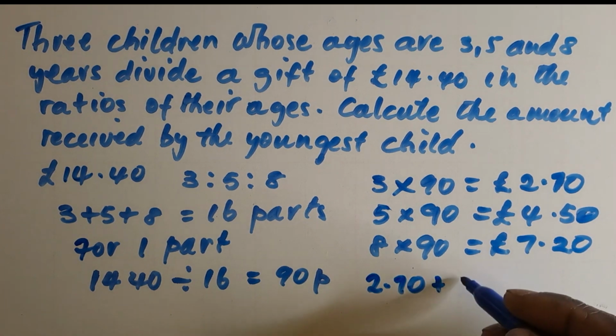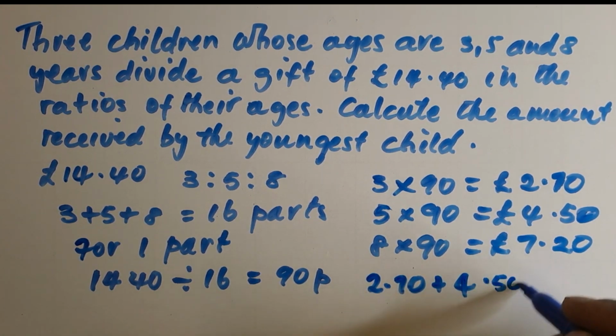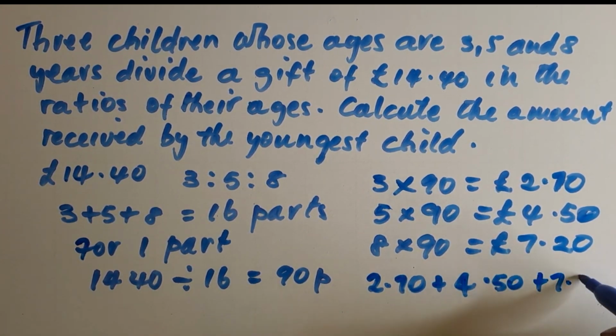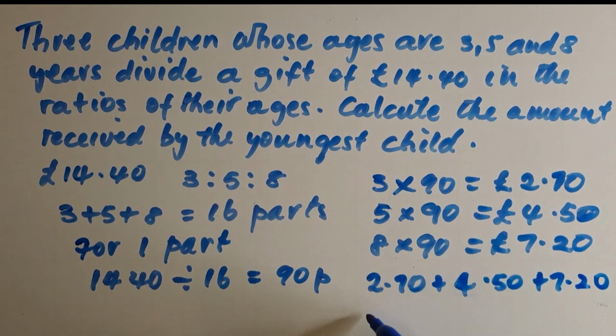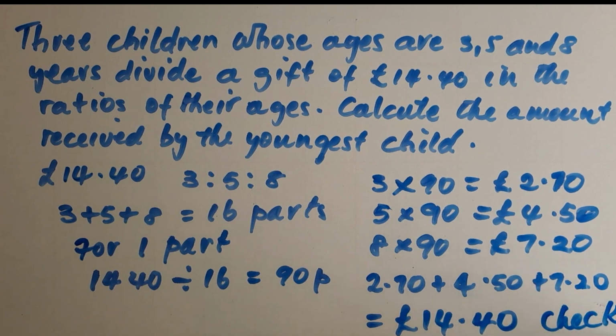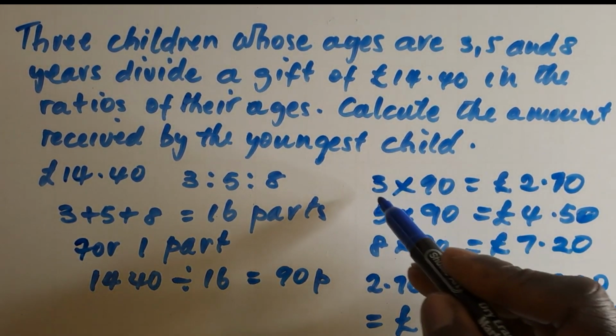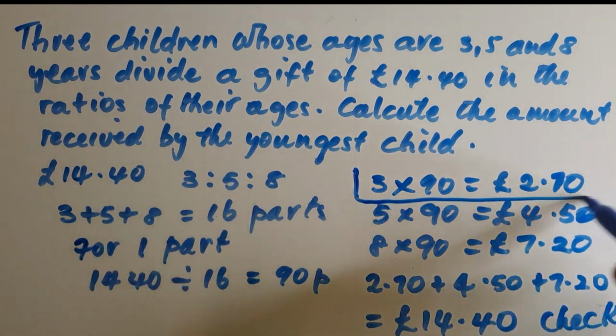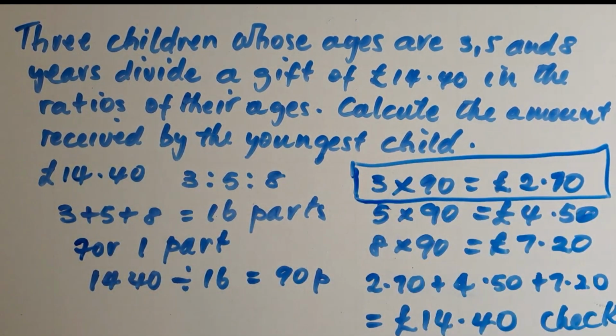And you can verify that this is equal to £14.40, which is our check that our result, the youngest child gets £2.70.